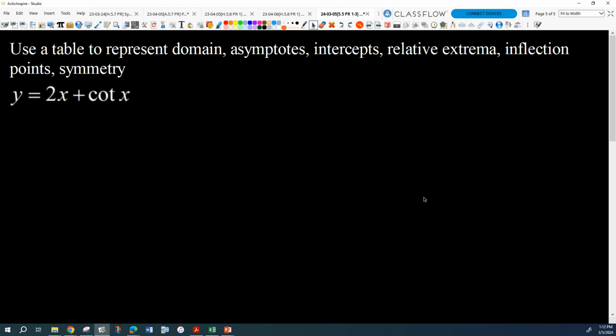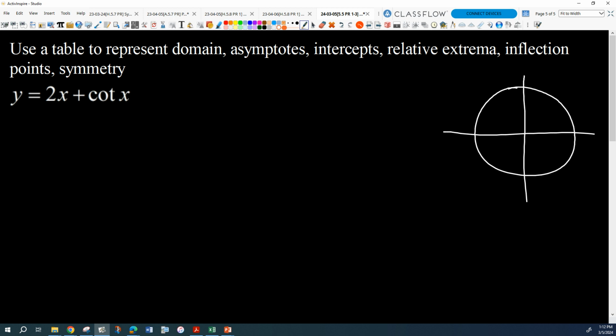Does that make sense? So we've got to think unit circle. On our unit circle, where is sine equal to 0? 0 and pi, and 2 pi, all the integer multiples of pi, right?